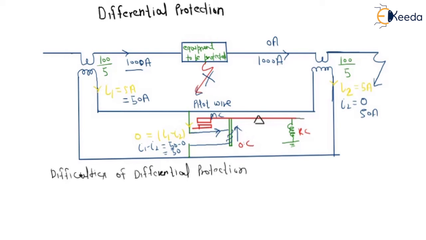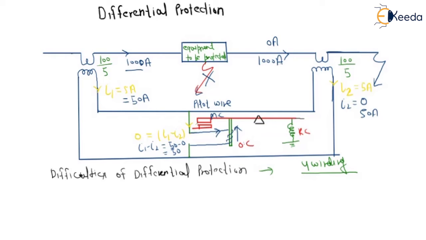Let us assume with two CTs we should have four windings, and if the number of turns of any winding is misplaced, then this relay will operate even without a fault happening in the system or equipment to be protected. This is the major drawback. We have to be very specific about the turn ratio of these CTs, otherwise malfunction will definitely happen. So this is the first difficulty.